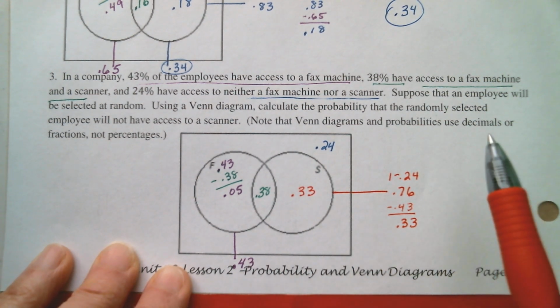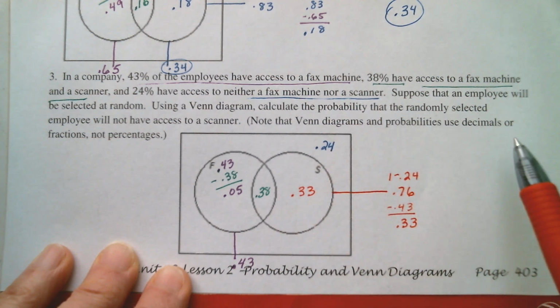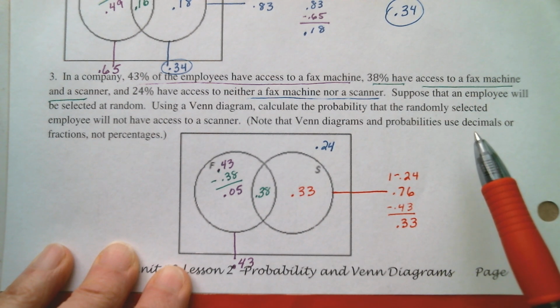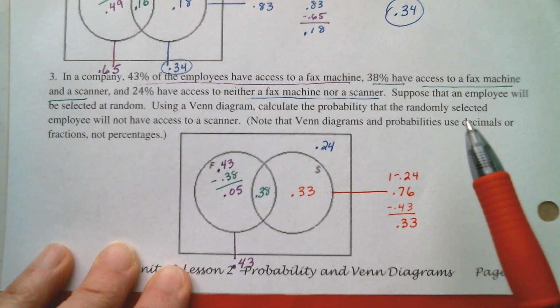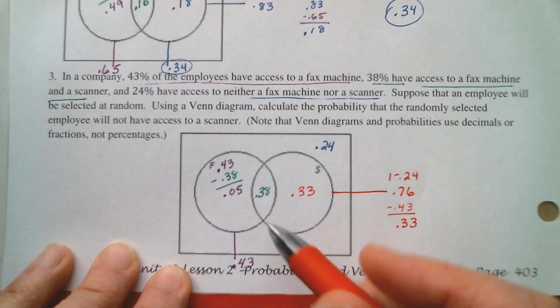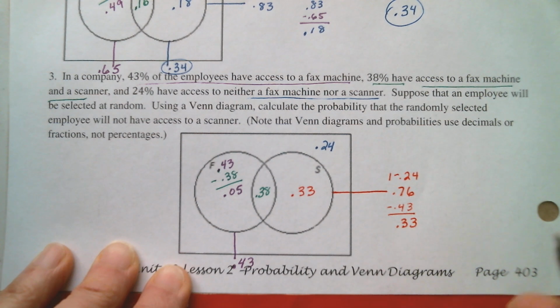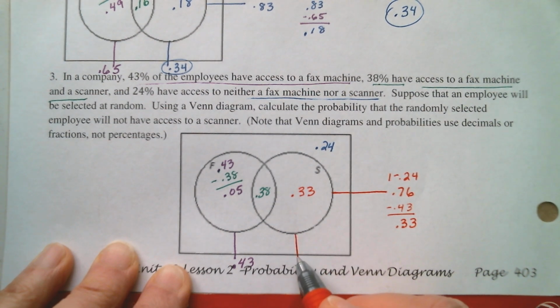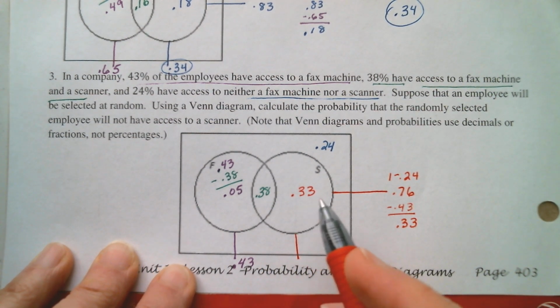Now the question is, calculate the probability that a randomly selected employee will not have access to a scanner. All right, so I should have gotten the total here. I don't have to, but I guess unfortunately I'm going to stay with this color. 0.38 and 0.33 is 0.71.